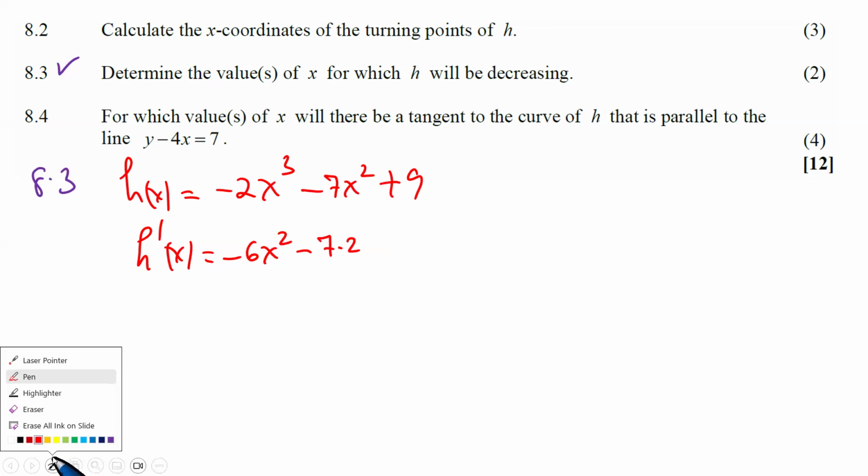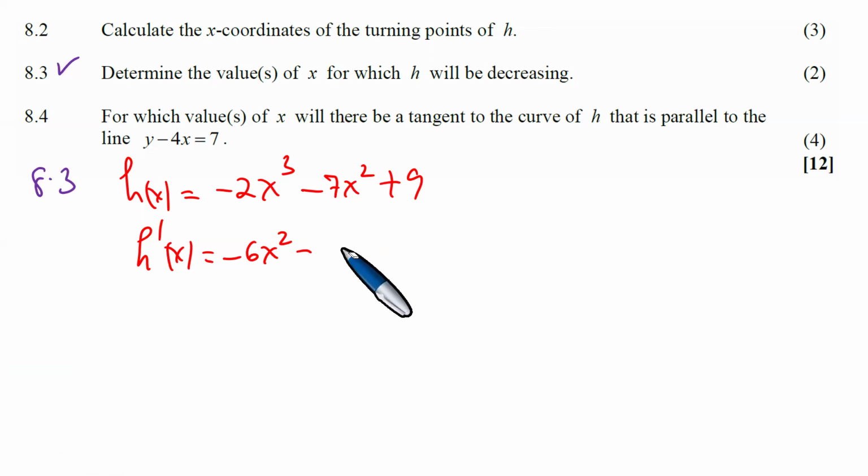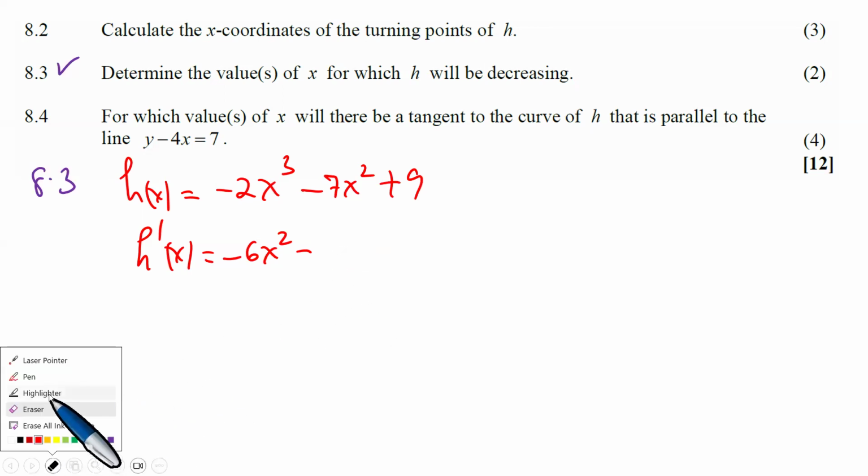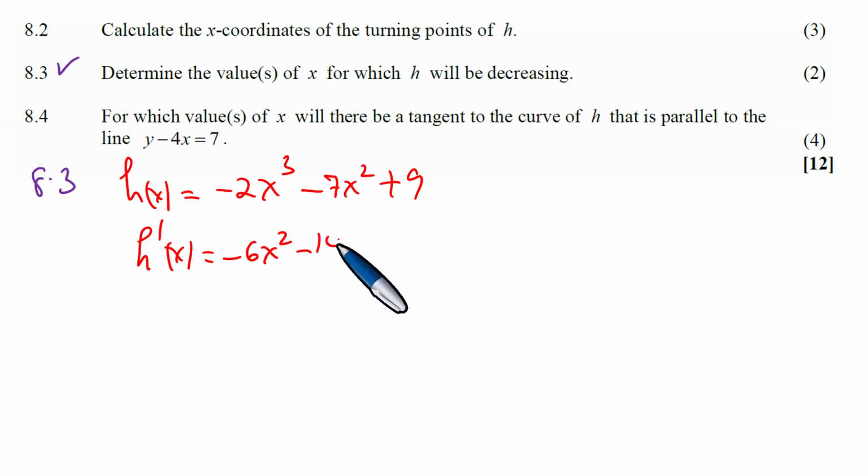We know 7 times 2 gives us minus 14x to the power 2 minus 1, which gives power 1, and we don't write the 1 there. The derivative of the number 9 is a constant, therefore it's 0. And this is the answer.